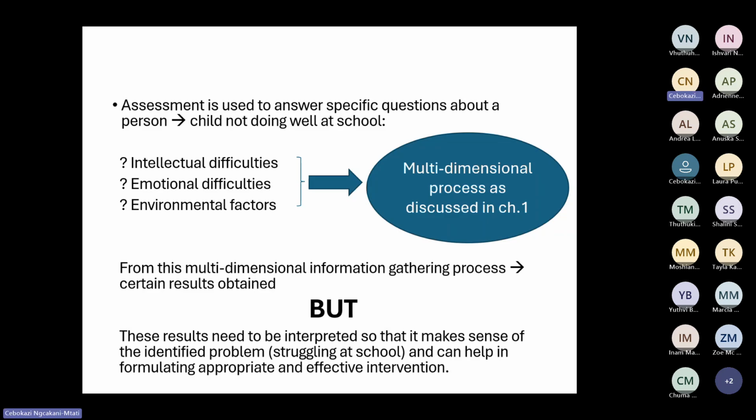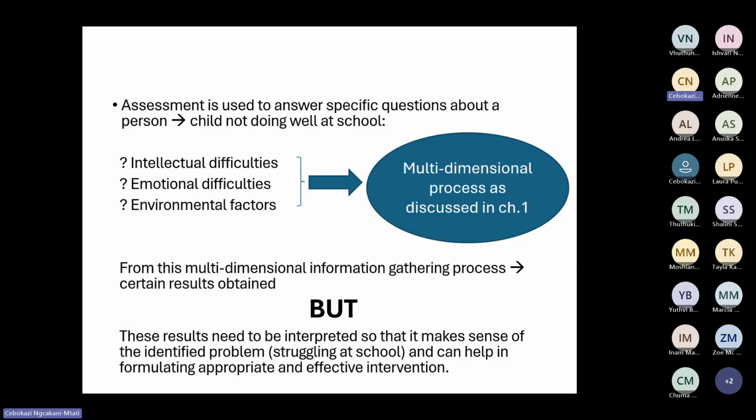So the assessments that we use are used to answer specific questions about a person. So for example, the question would be, why is this child not doing well at school? And so you will use a multidimensional process, as discussed in chapter 1 or in our first few lectures.